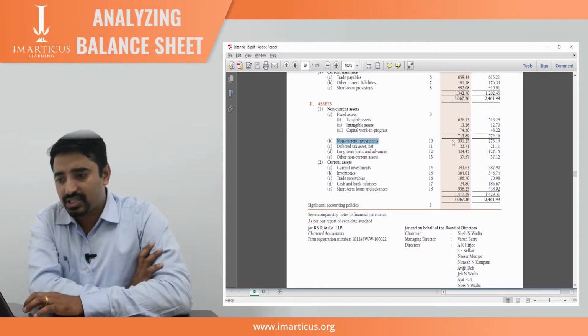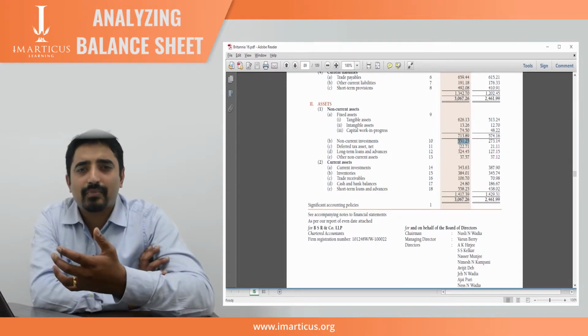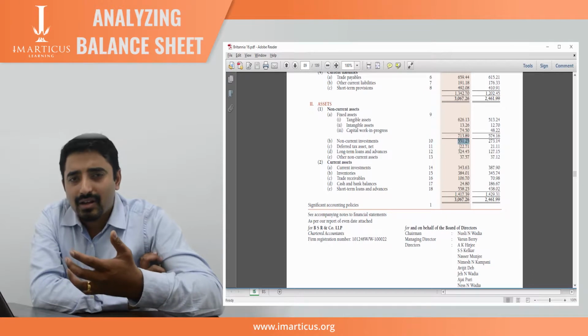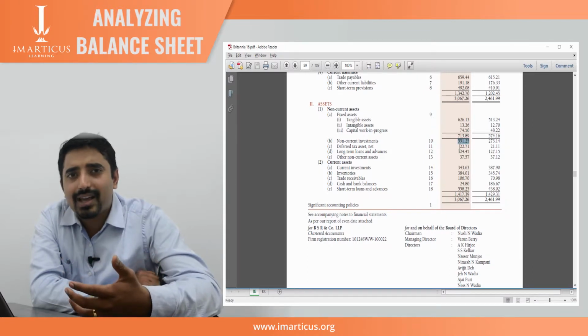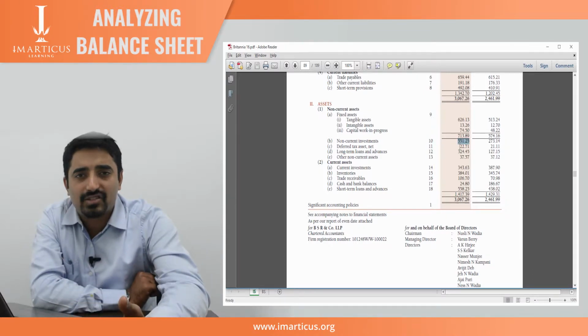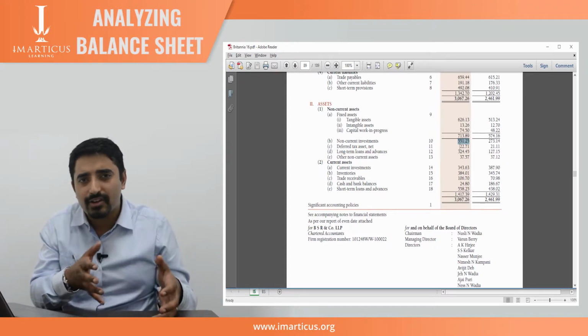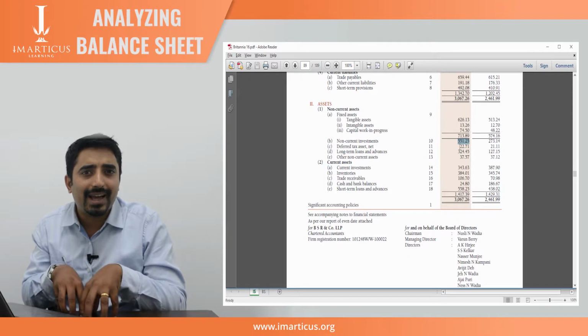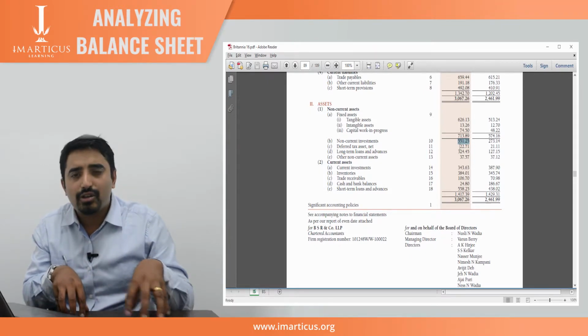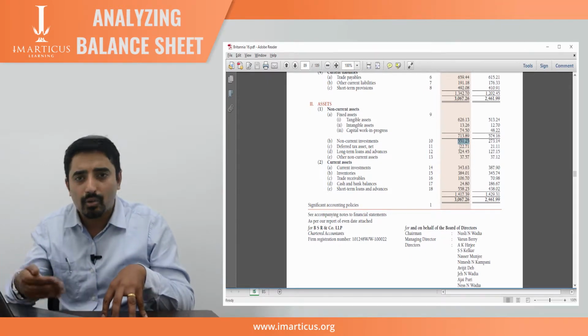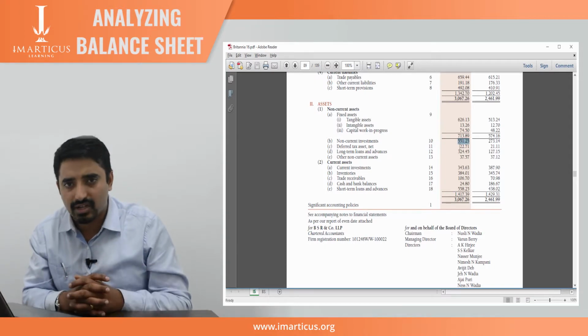Deferred tax assets. Now deferred tax assets, you can see this as an asset wherein the company has already paid some taxes in advance, but because there is some difference between the Income Tax Act and the Companies Act, the truth is these benefits are going to accrue in future, so the company reported it as an asset.